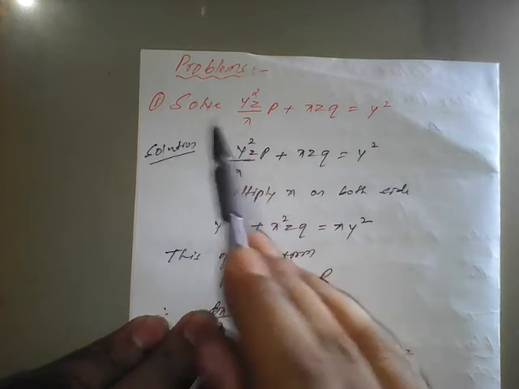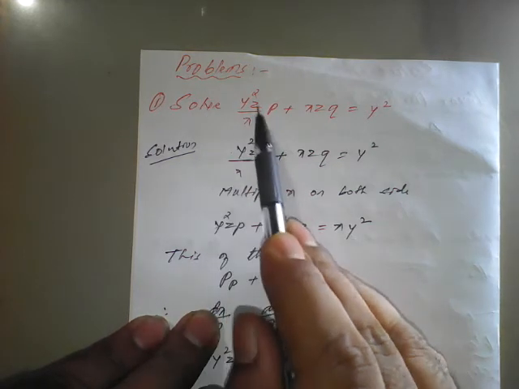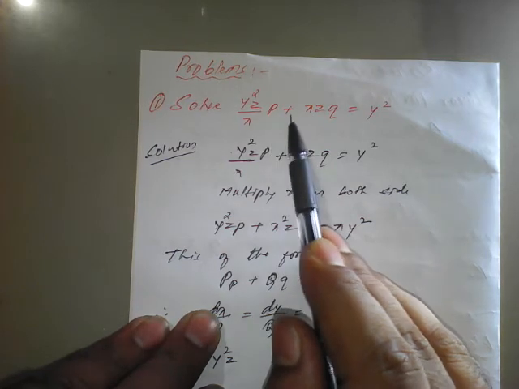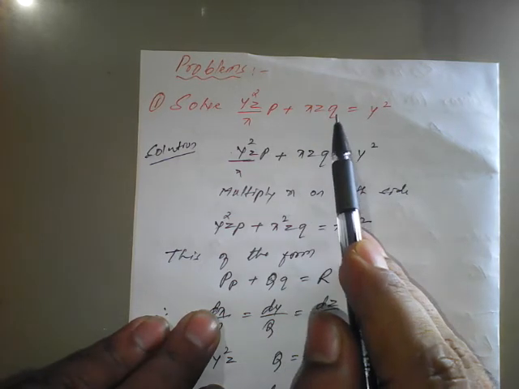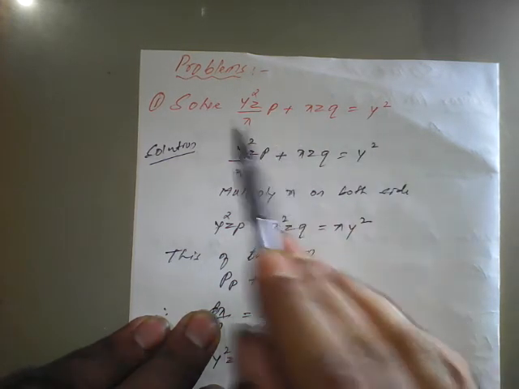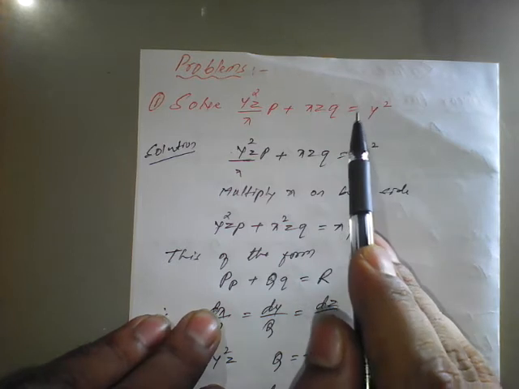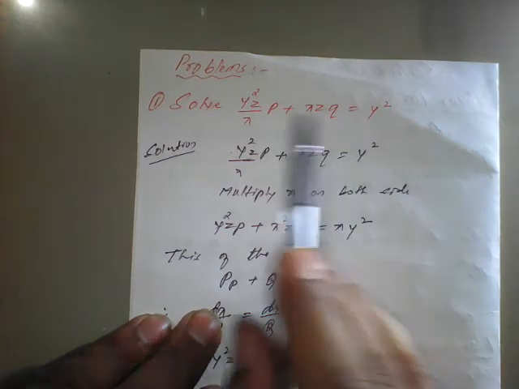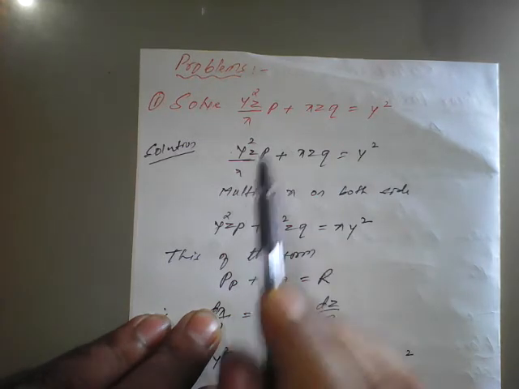Problem number 1: solve (y square z upon x) p plus xz q is equal to y square. This is one of the Lagrange's linear partial differential equation forms.